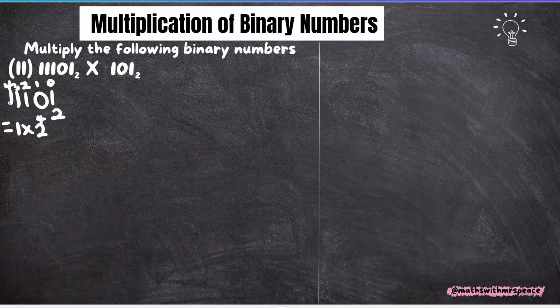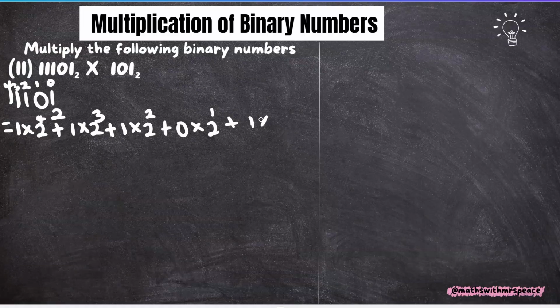So that's the first digit here multiplied by the base raised to the power that we have written above it, plus 1 times 2 raised to the power of 3, plus 1 times 2 raised to the power of 2, plus 0 times 2 raised to the power of 1. That's this, 0 times 2 raised to the power of 1. And then we're also going to have 1 times 2 raised to the power of 0.